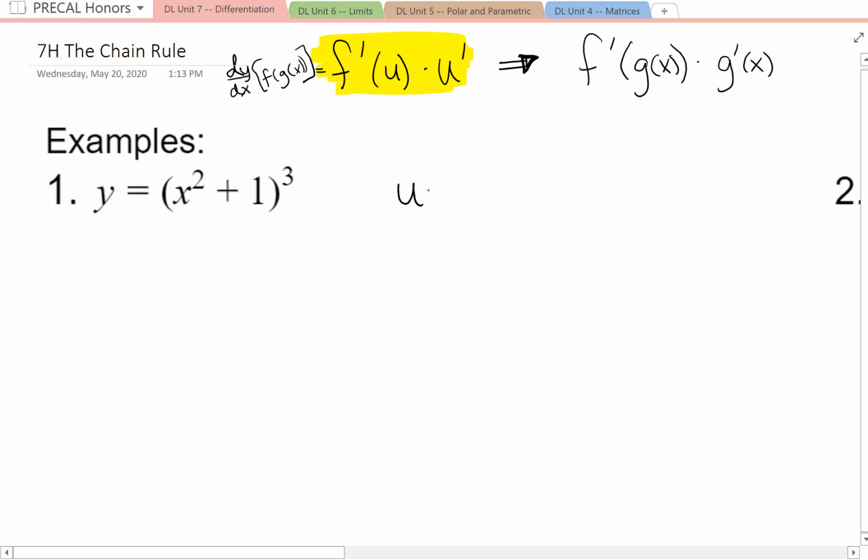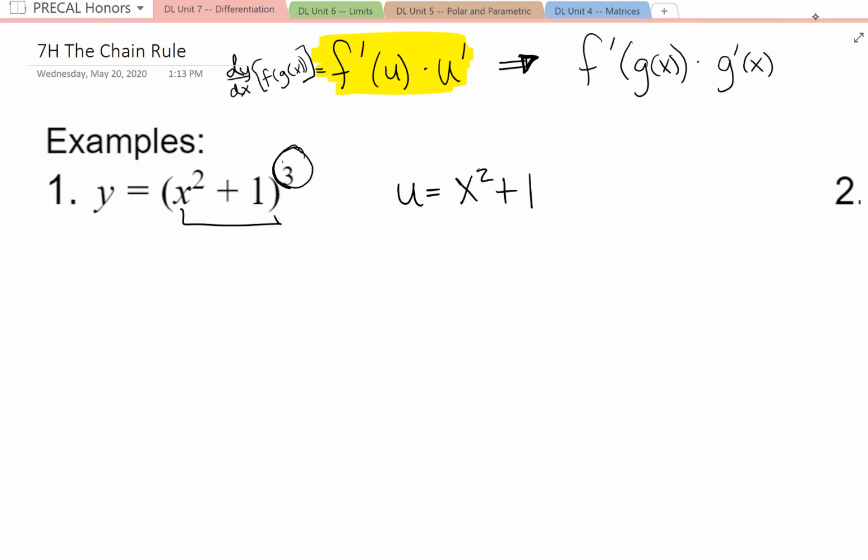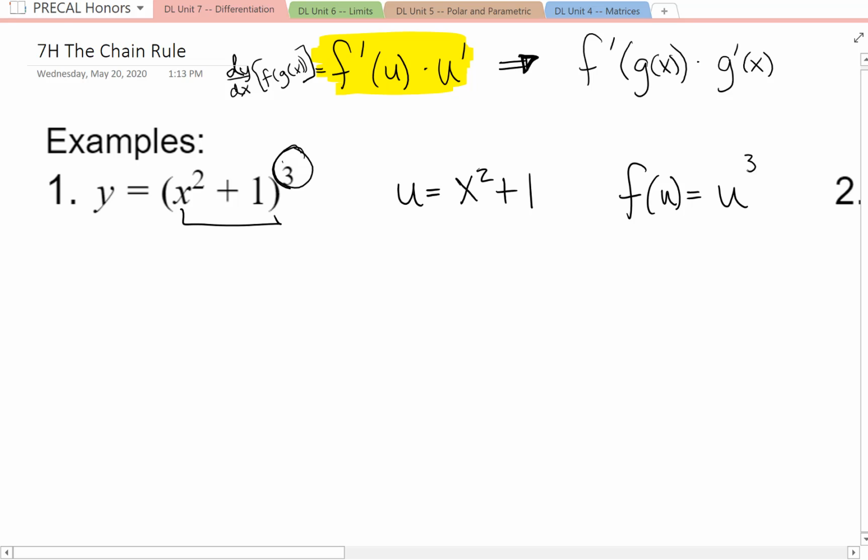The inside function, I'm going to call u, would be this quantity, x squared plus 1. And the outer function is basically what f is doing to the u function. It is taking u and cubing it. This is just an easier way for me to visualize it because there are no x's in each that could represent different things.